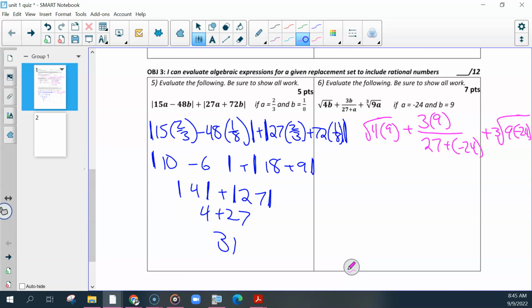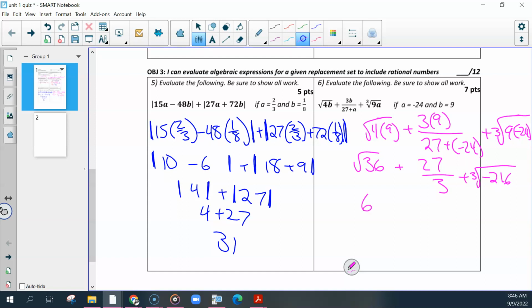If you just re-put the variables, that did not count because I didn't actually see you put in everything. And then simplifying each piece was worth 1 point. So getting 36 here, getting 27 here, getting 3 here, getting negative 216, that was 4 points.